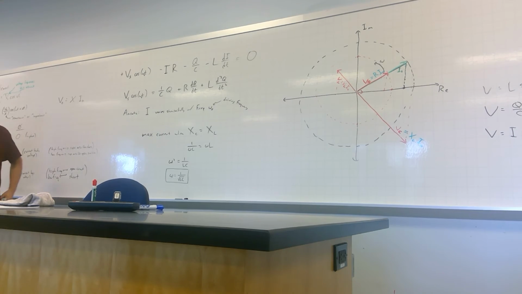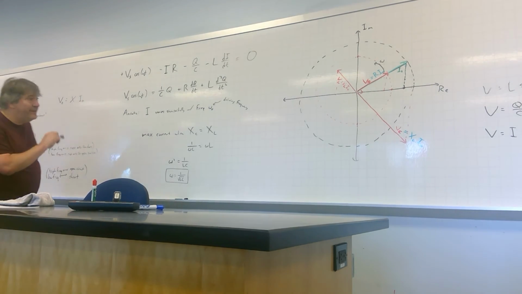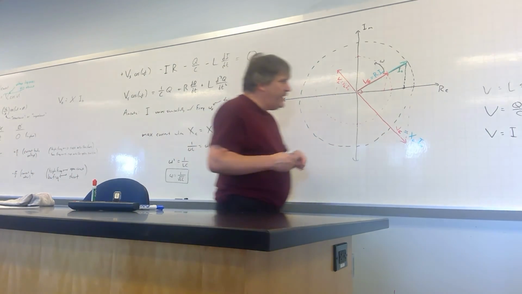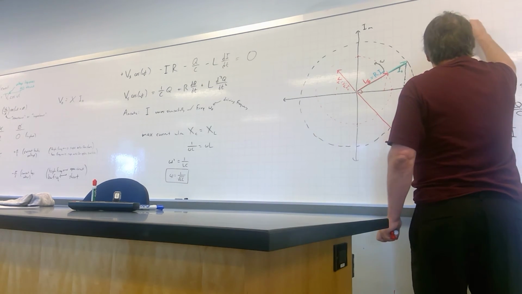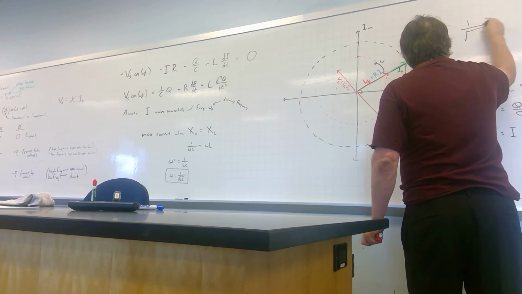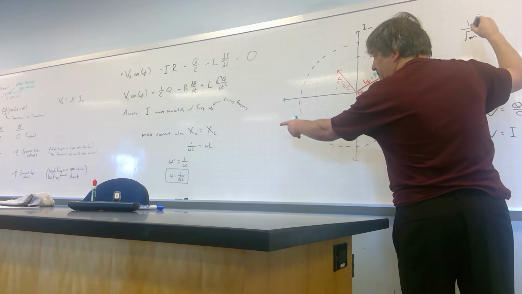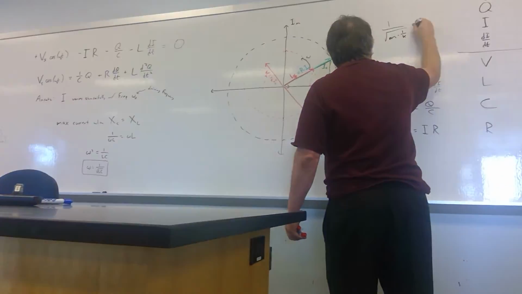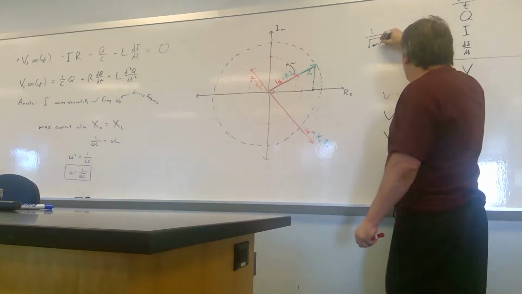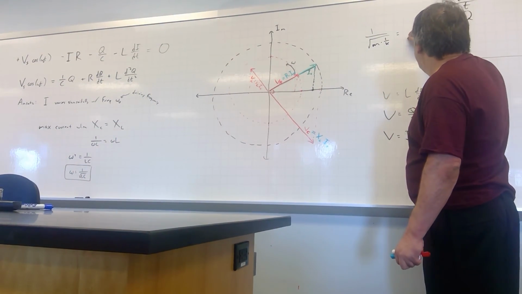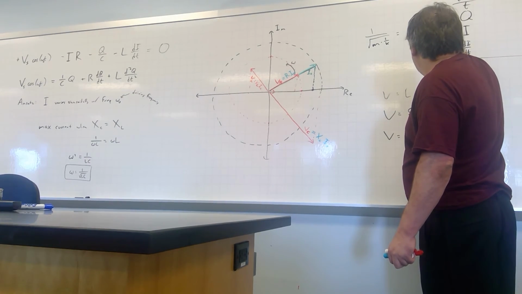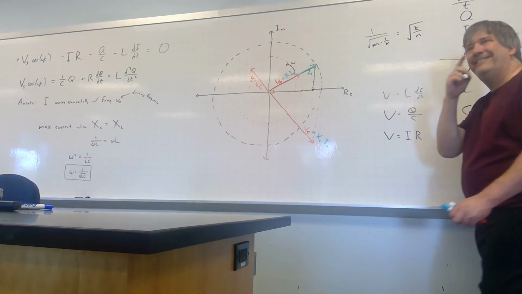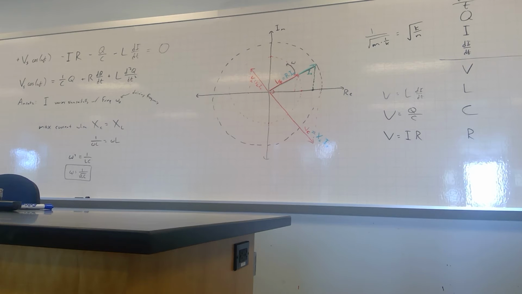If I was doing this as a mechanical system, I would say 1 over L is like 1 over M, and C is like 1 over K. If I multiply those together, I get the root of M over K, but it's in the denominator, so I flip it and I get the root of K over M. What's that? That's the natural frequency of an undamped mass spring oscillator.